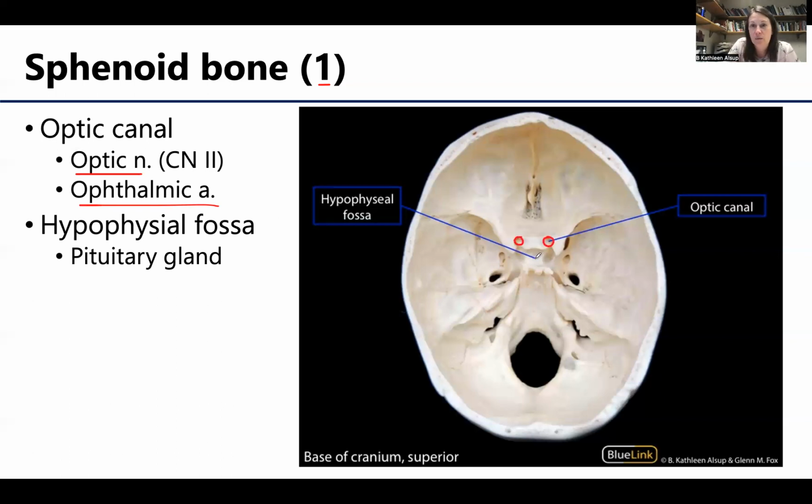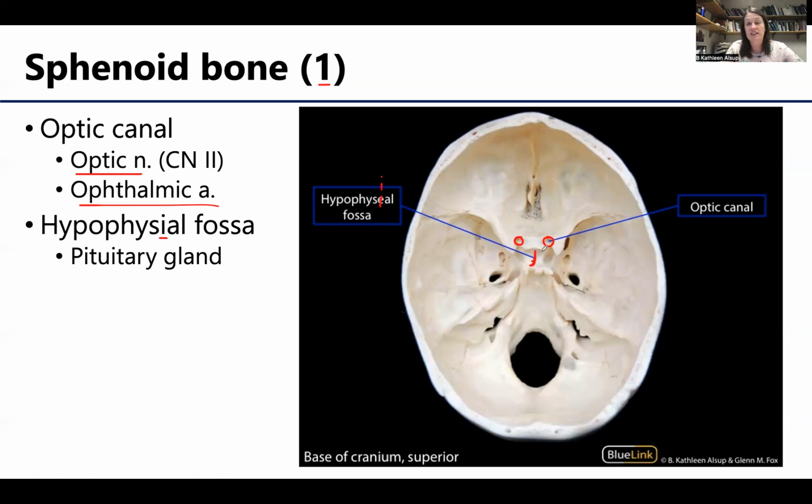Right in this region, kind of right behind it, you're going to have this fairly substantial divot, almost saddle-like type of fossa, which is referred to as the hypophyseal fossa. You see, I have two different spellings here. This is the actual correct one here. We should put an I right here. So this is the hypophyseal fossa, and it's called that because another name for the pituitary gland is the hypophysis, okay?